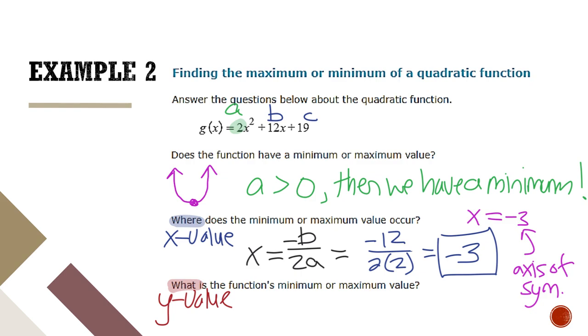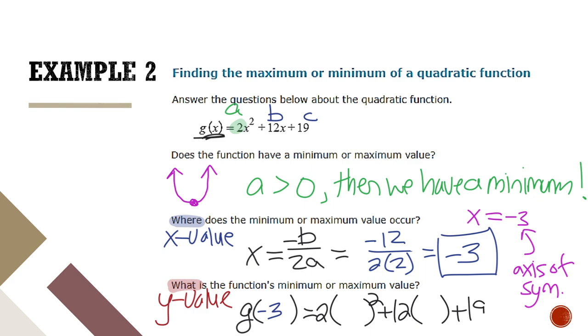Now, how do I find the last part? Well, that's pretty simple. Again, we substitute that value into the function. Well, it's g of x, so we're taking negative 3 for my x value here. So g of negative 3 is 2 times negative 3 squared plus 12 times negative 3 and then plus 19.